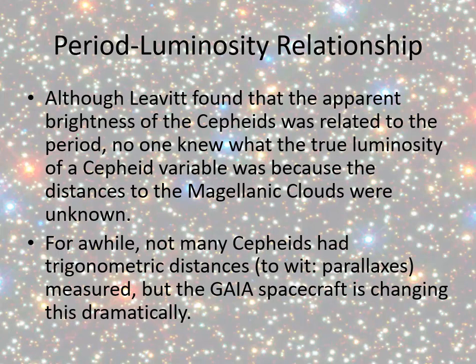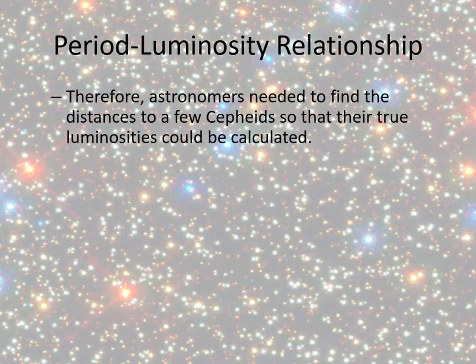But it used to be the case that we did not have any direct distance measurements to Cepheid variables with parallax. Now the Gaia spacecraft has measured a lot of Cepheid variables and also a lot of RR Lyrae stars.